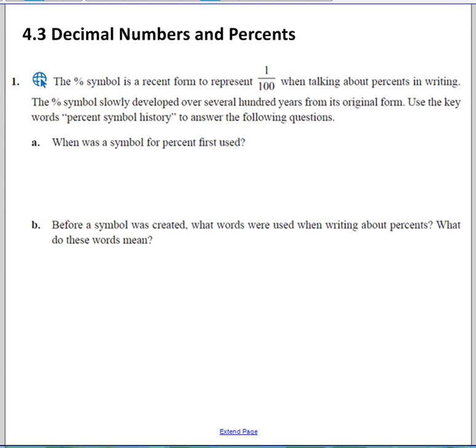When was the symbol first used? From what I found, it was used by the mid-17th century. But before the symbol was created, the word that was used to write about percents was percento, which means per 100.